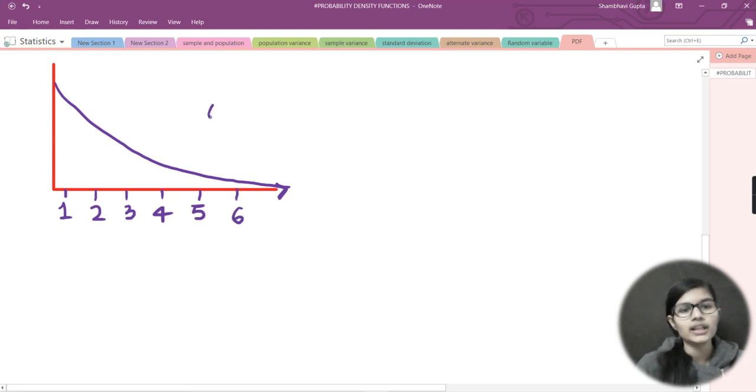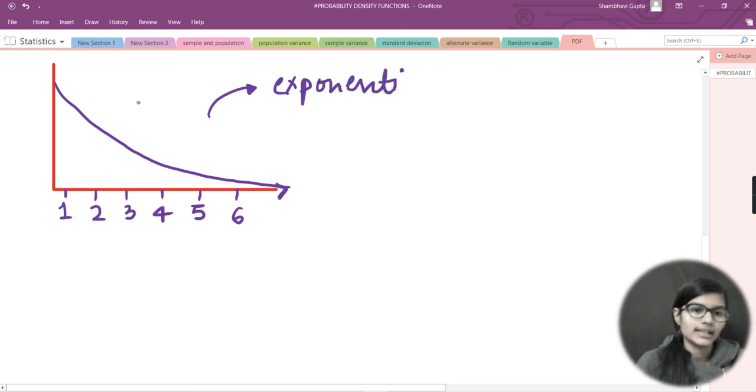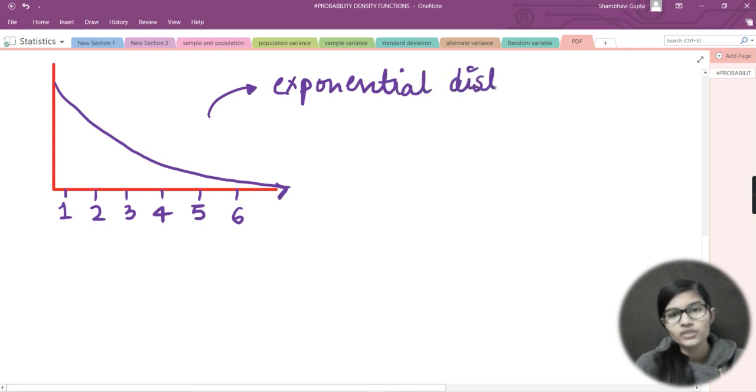Here also we call it the exponential distribution. If you see a graph with a curve like this, it is called an exponential distribution. Let me write it down.